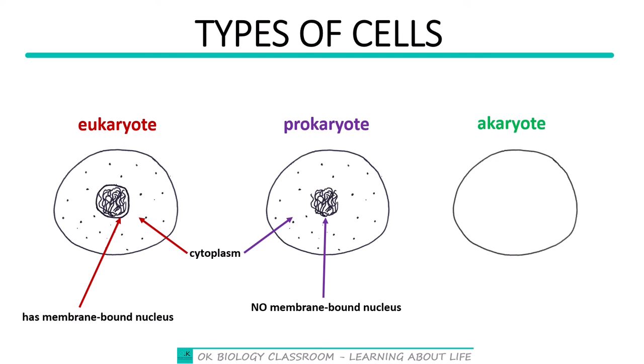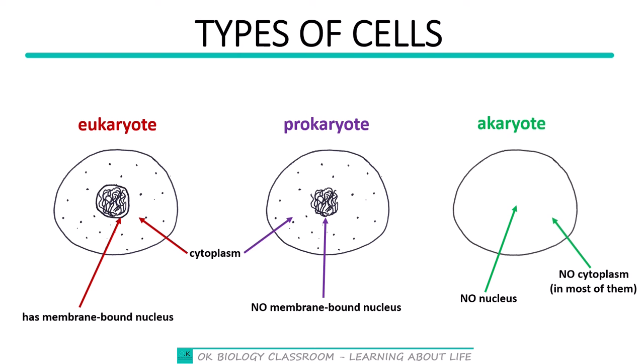Yes, comparatively, in the case of the akaryotes, there is no nucleus at all. And there are no complete genetic materials that we can refer to as chromosomes in their case. So the nucleus is absent. And apart from that too, in most of them, there is no cytoplasm. So that is very simple.